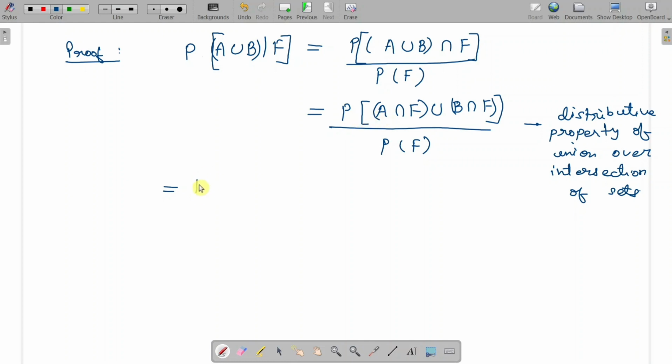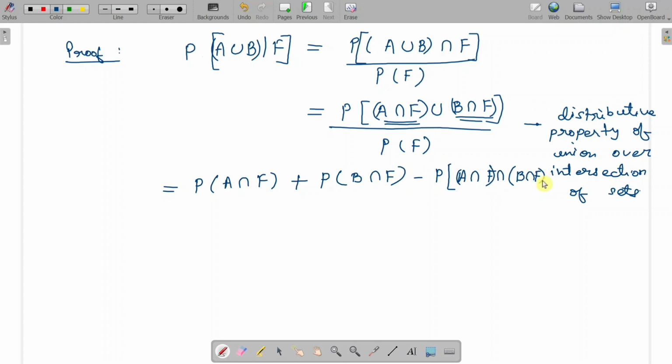That means you will get probability of this first set, A intersection F, plus probability of this second set, B intersection F, minus probability of the intersection of these two sets, which is nothing but (A intersection F) intersection (B intersection F), and then this is divided by P of F.